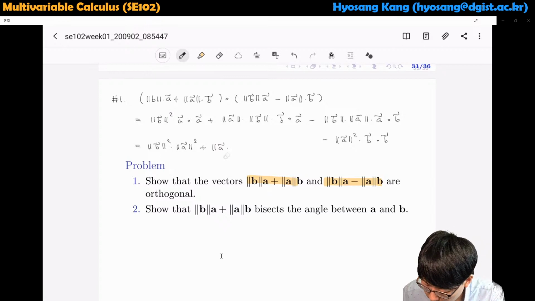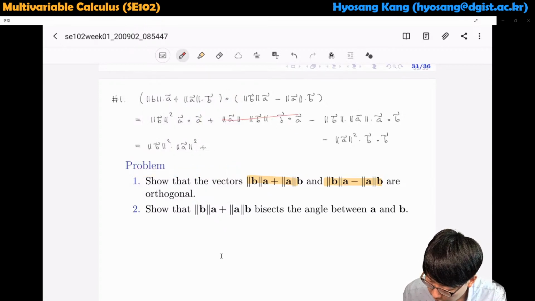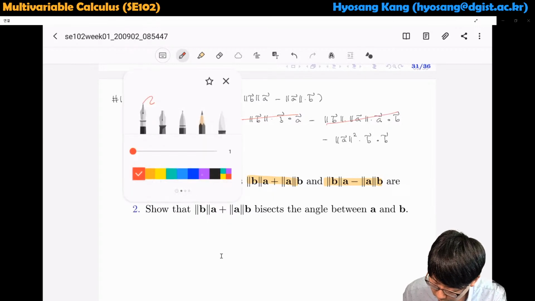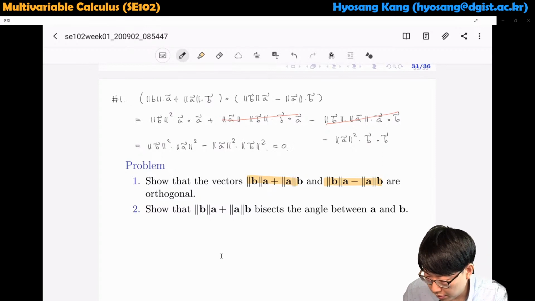So here you get canceling out, right? This guy is cancelled out with this guy. And then minus A squared B squared, and they're 0. Okay.